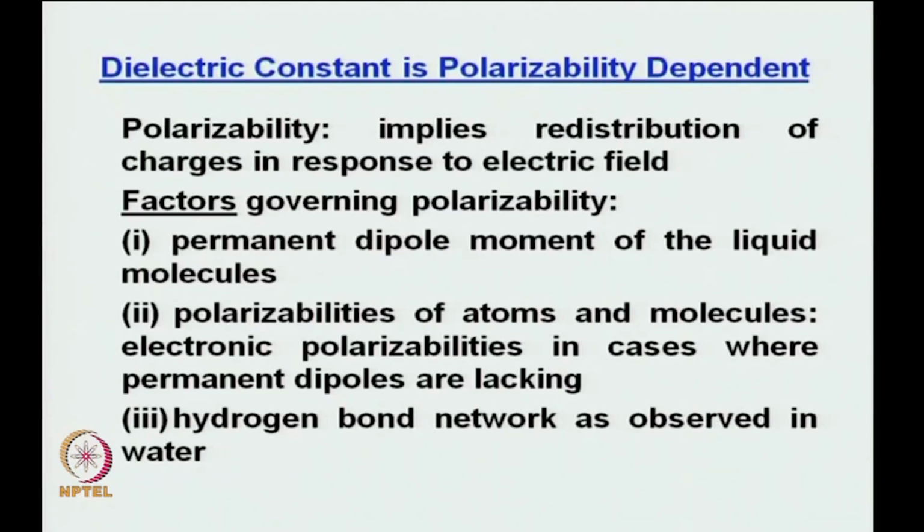The last one is the hydrogen bond network, where your water is full of this hydrogen bond network. So what it means is, if you put 2 charges in a liquid like water, you are also disrupting the hydrogen bond network of the water, but because water is your solvent, you have so many hydrogen bonds.